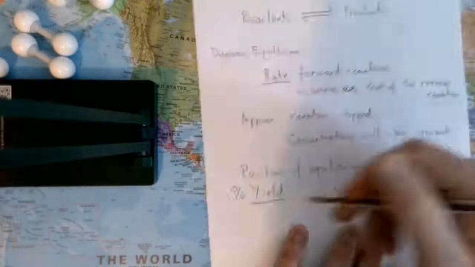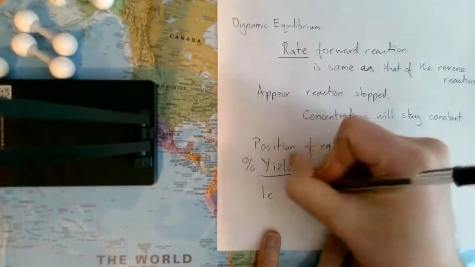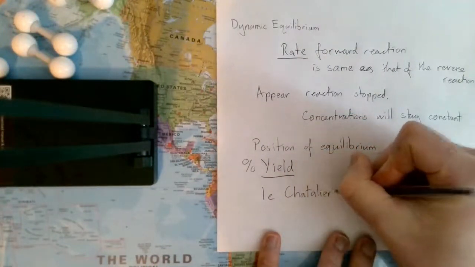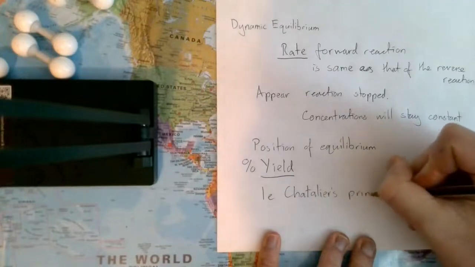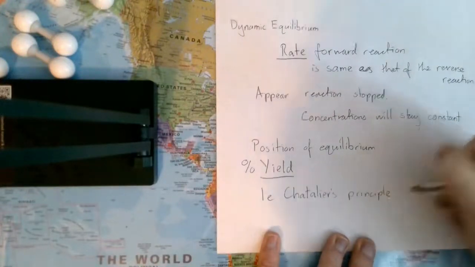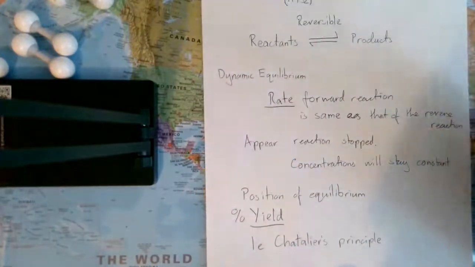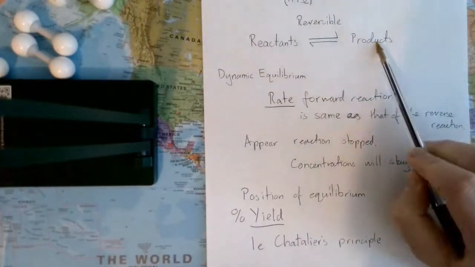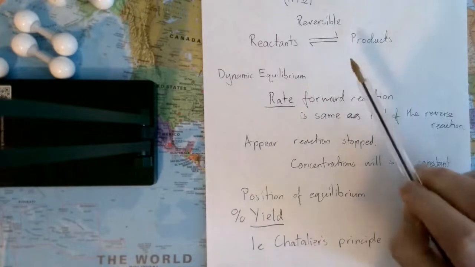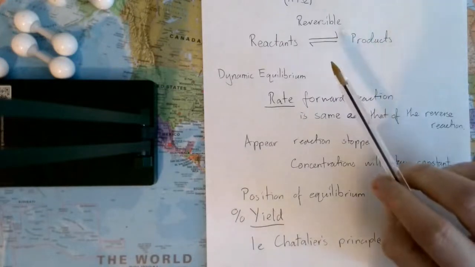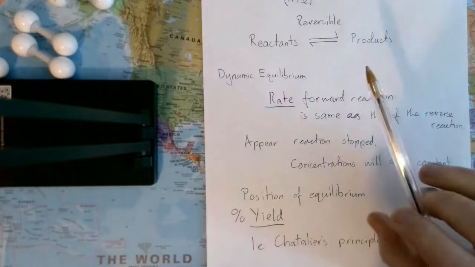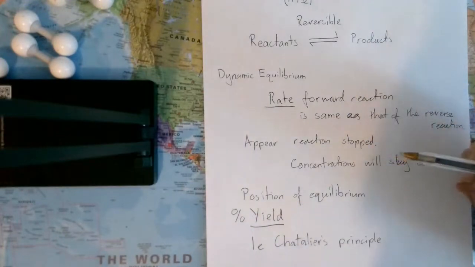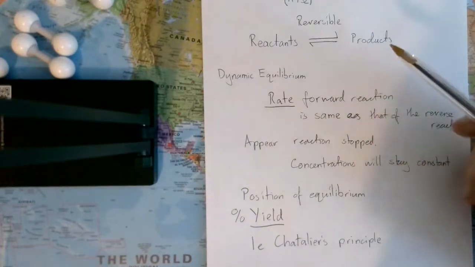Okay, next idea, Le Chatelier's principle. What this means is that if there's a system and it's in dynamic equilibrium, it will oppose any changes to the physical conditions. Now this is temperature, pressure, and the concentrations of either the reactants or the products.